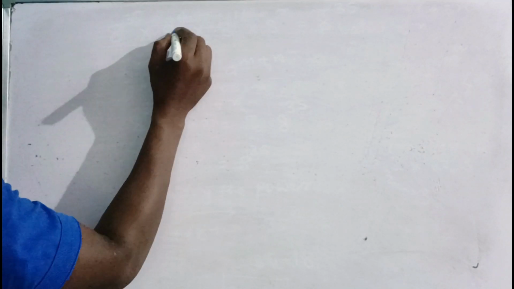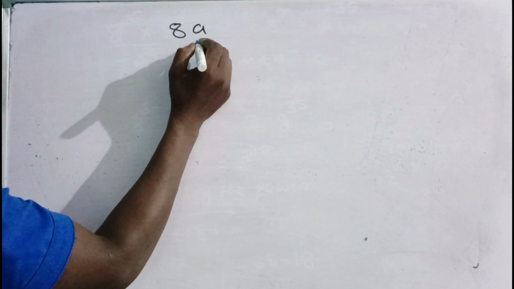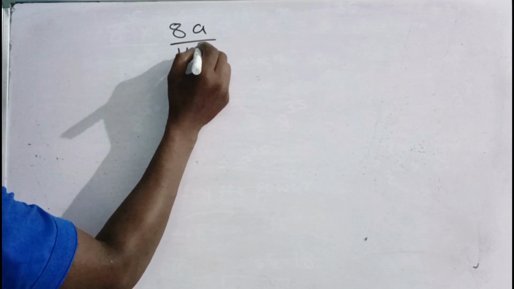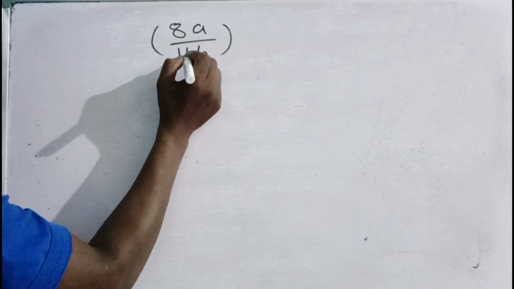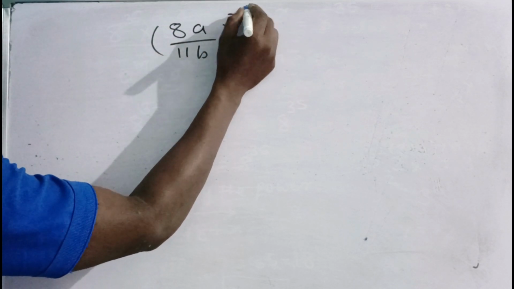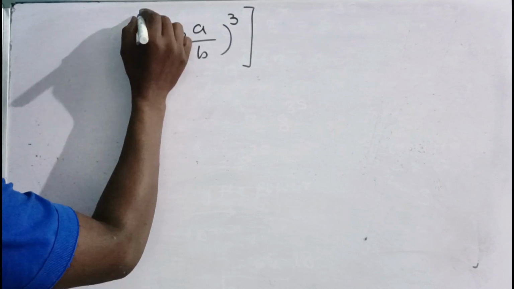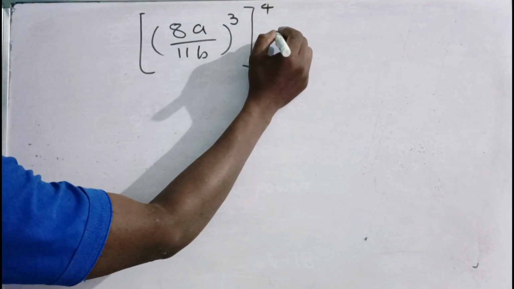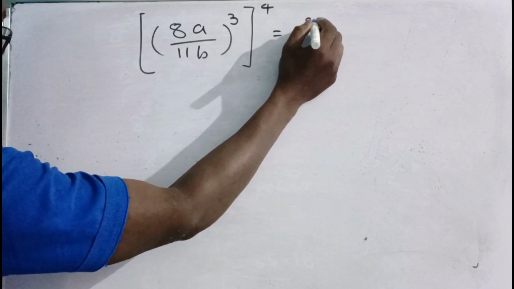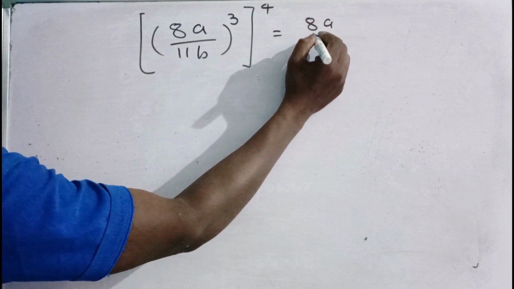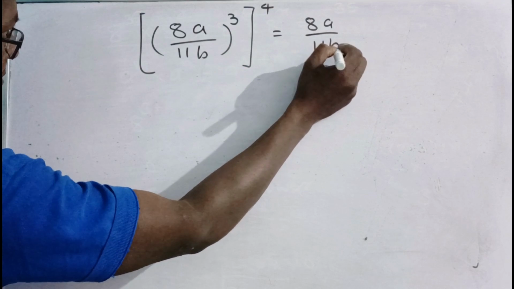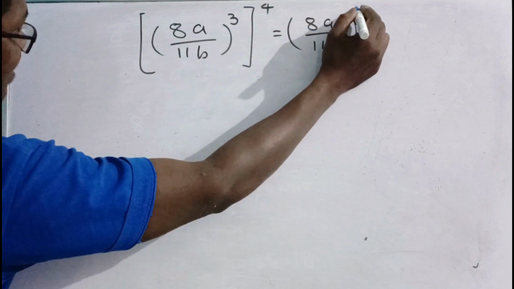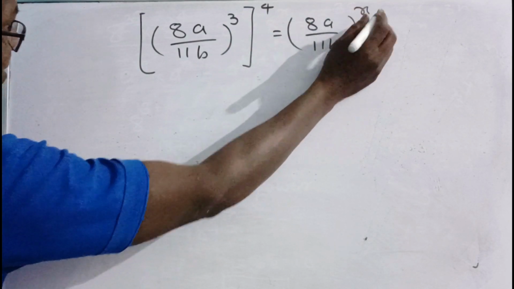(8a/11b)^3 raised to the power 4 is equal to (8a/11b)^x.